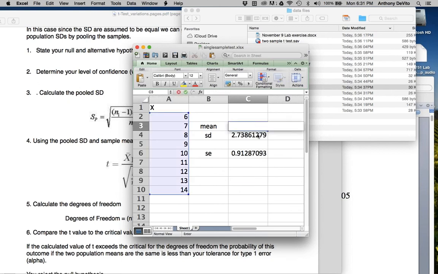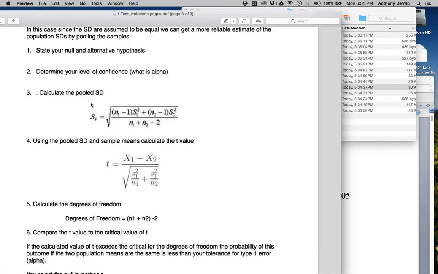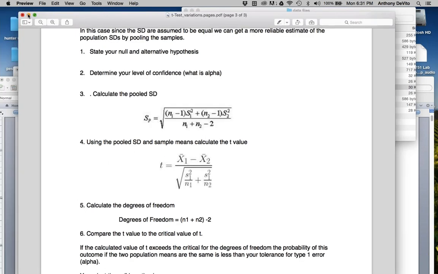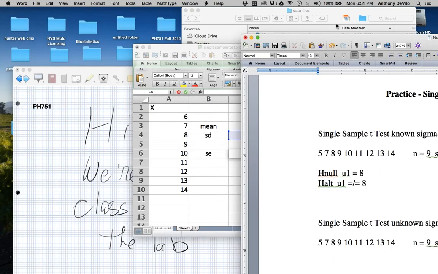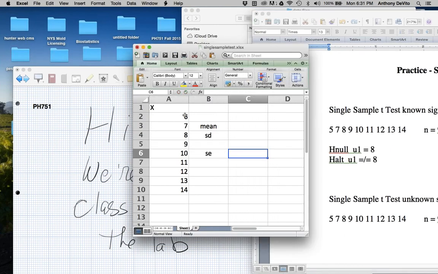I'm going to get rid of these numbers for the moment and come back, so hopefully these numbers match. Okay, oh no, there's a mistake in here. 5, 7, 9, 5, 7, 8, 9, 10, 11, 12, 13, 14. Not a very normal looking distribution, but from the sample anyway. Let's leave it with what we have.